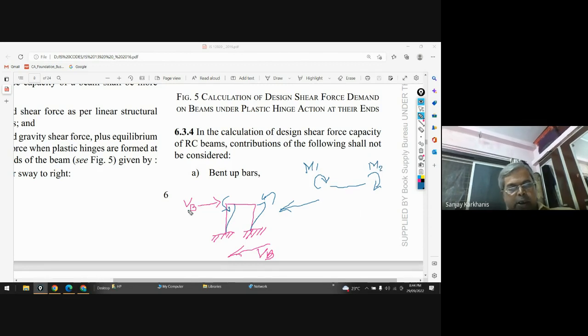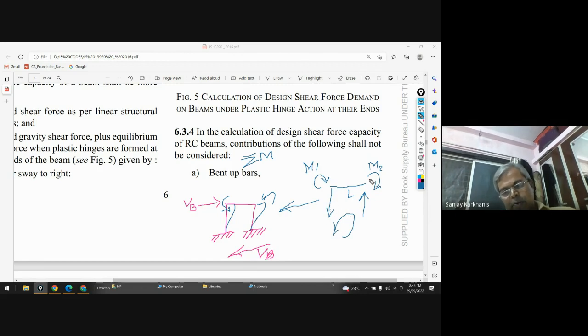So total moment कितना हुआ? M1. So sigma moment. It will be M1 plus M2. And it will be registered by this. So you will see that this is clockwise moment. So it will form anti-clockwise reaction. So this is clockwise, and resistance will be anti-clockwise because it will be this.